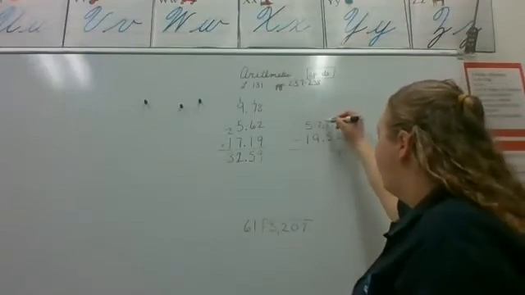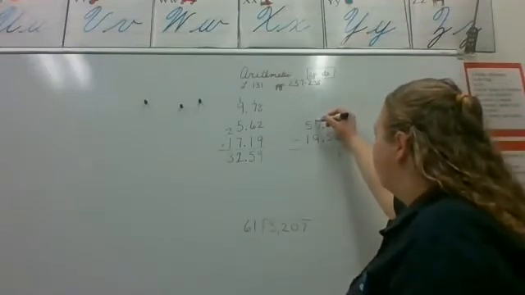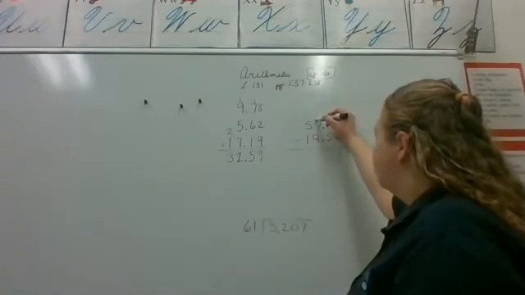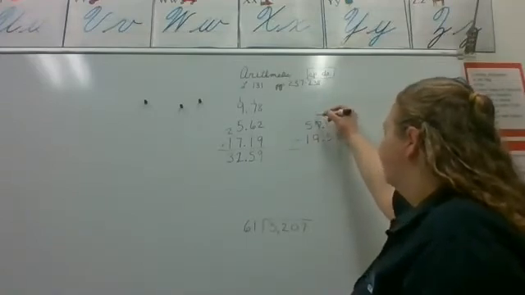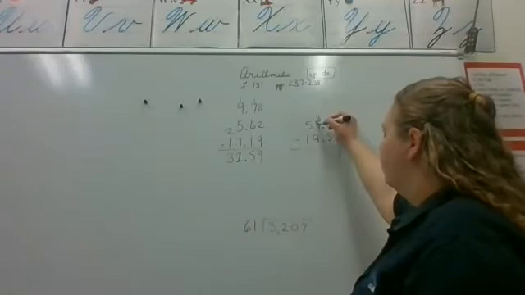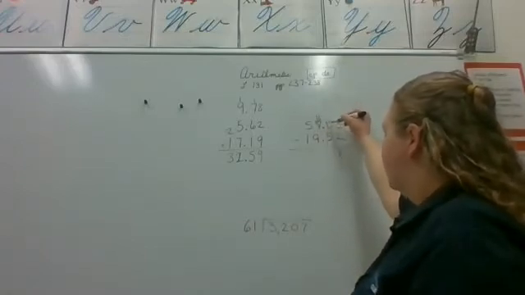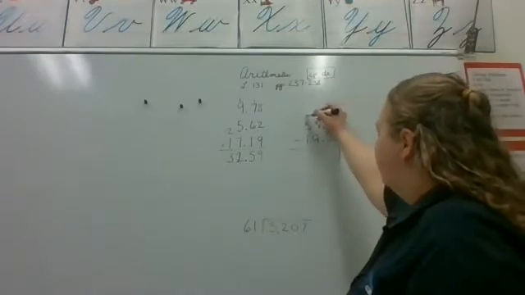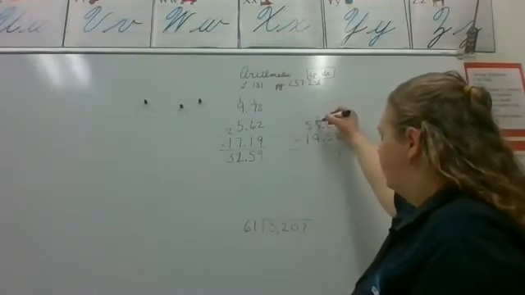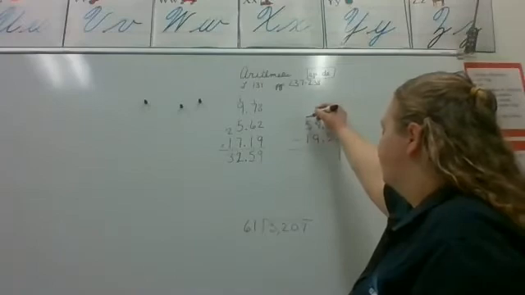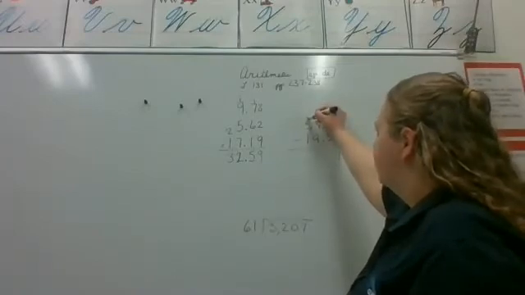So we're going to have to borrow 1 from here, or really it's 10. We make this a 10, and this will be a 16 because you go to 17 and then down to 16. And then 5, we can take it down to 4.